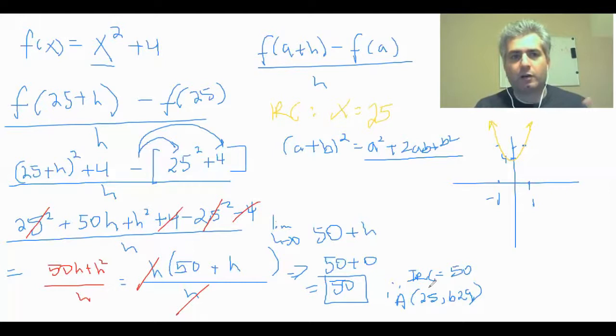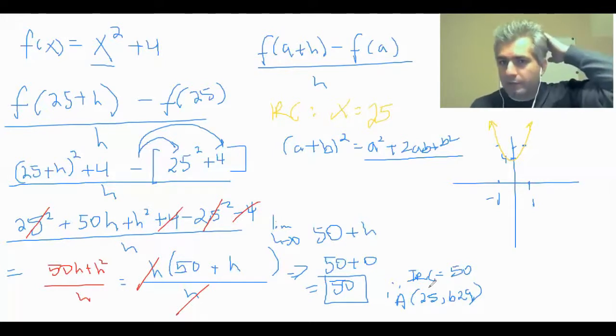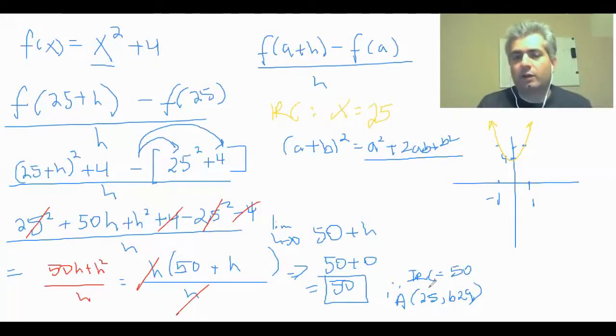And then from there, we generated a formula, f of a plus h minus f of a over h. Where did that come from? Basically, the slope equation, y2 minus y1 over x2 minus x1. Now, y2 is f of x1 plus h, and y1 is just f of x1, all over h.